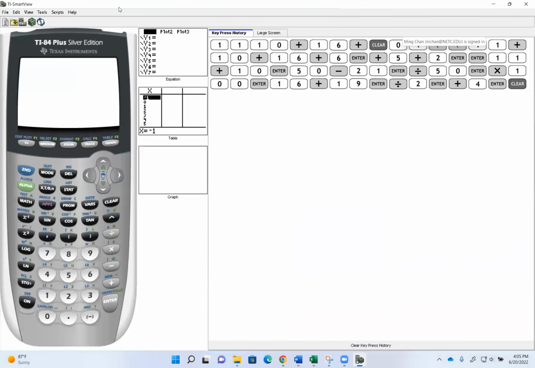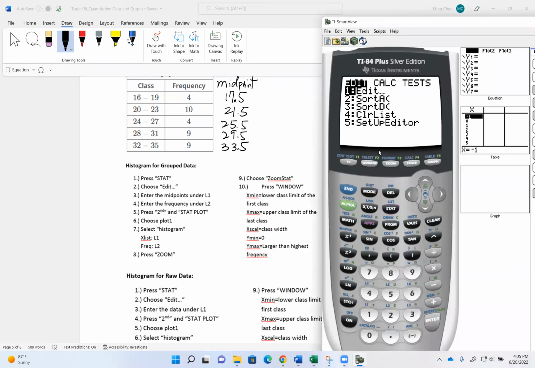What you want to do is go to stat, choose number 4, clear list. If somebody ever put anything in your calculator, we can go ahead and clear it. So clear list, second L1, and it's done. Nothing's in L1.